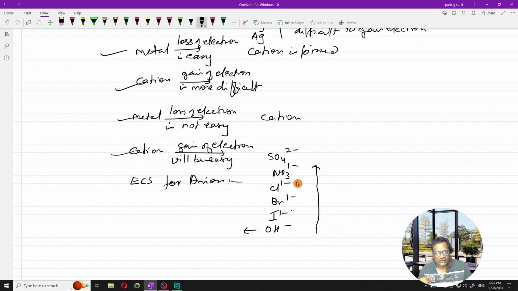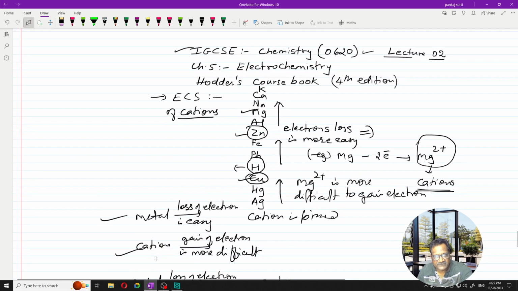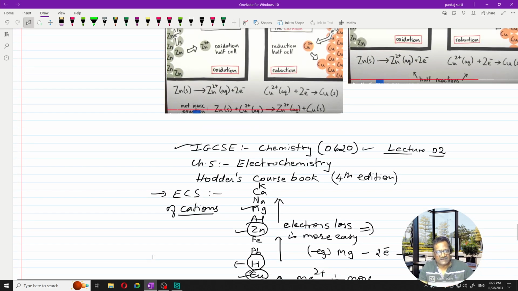So reaching the anode will be most difficult for the species which are on the top. Reaching the anode will be difficult for these species which are at the top of OH. And in the cations, it will be difficult for the top elements to reach the cathode.